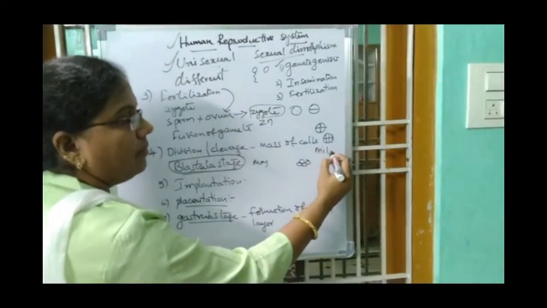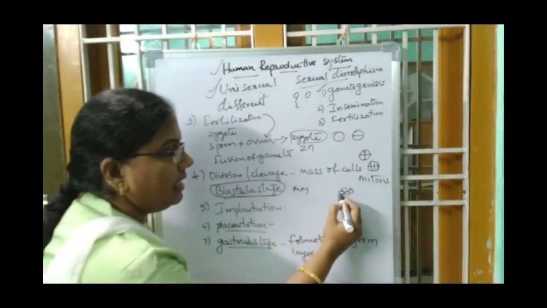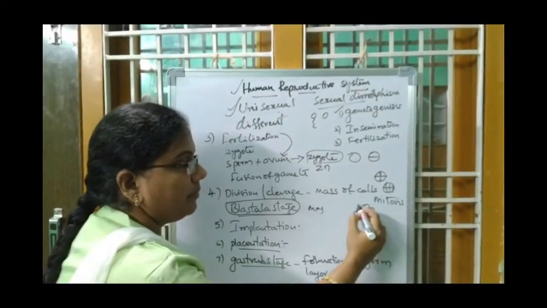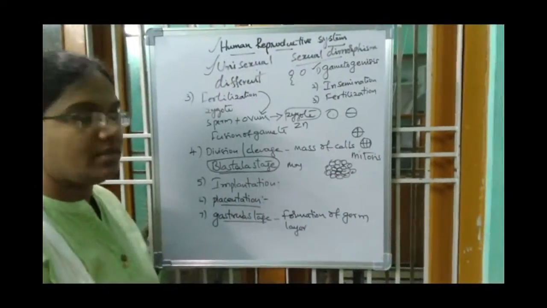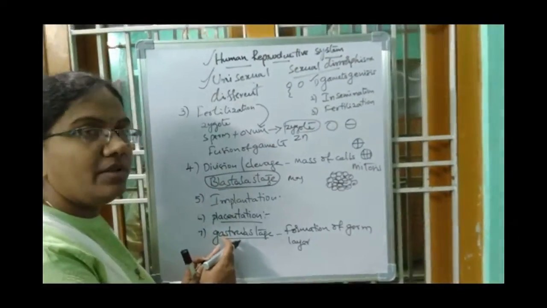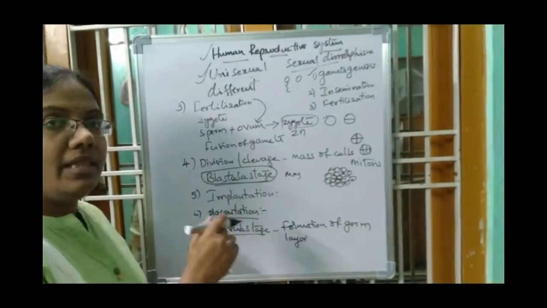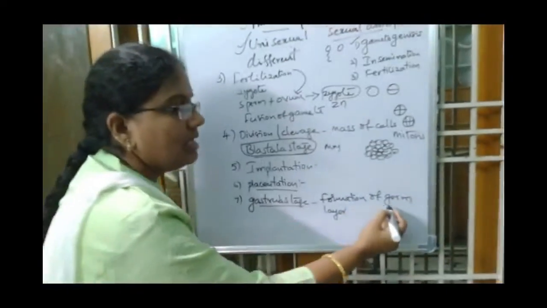During the mitosis divisions, a number of cells are formed. The mass of cells stage is called the blastula stage. The blastula stage again enters into the gastrula stage. In this gastrula stage, the mass of cells produce some layers.